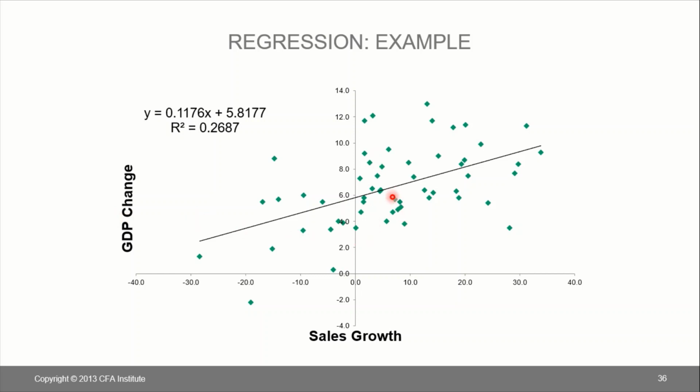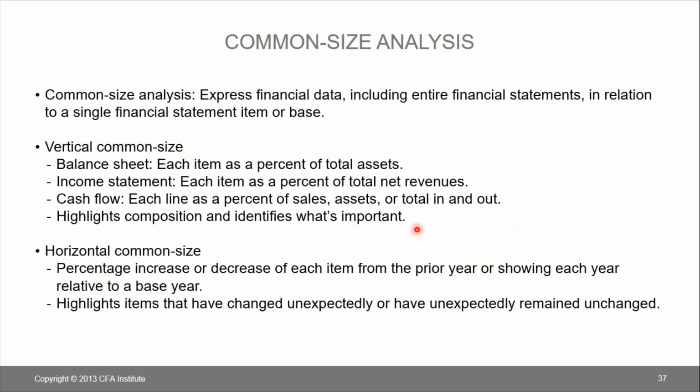Distance of each factor, or the distance of each answer from each other, and it's measurable in terms of percent, ano? So obviously, nandito tayo sa side na ito. When the GDP change is positive, also the sales growth is positive. Okay? So next is the common size analysis.